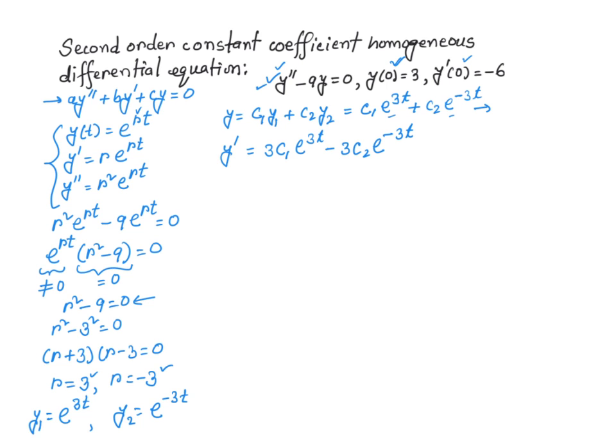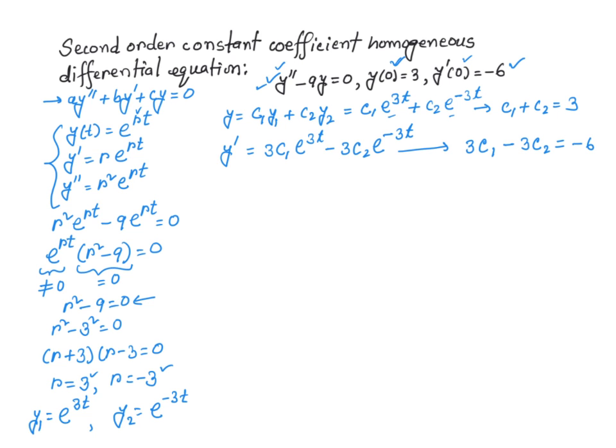So this one is going to give me c1 plus c2 is equal to 3. And this one is going to give me 3c1 minus 3c2 is equal to negative 6, because y prime of 0 is negative 6.